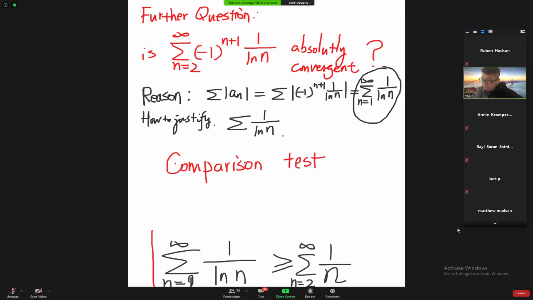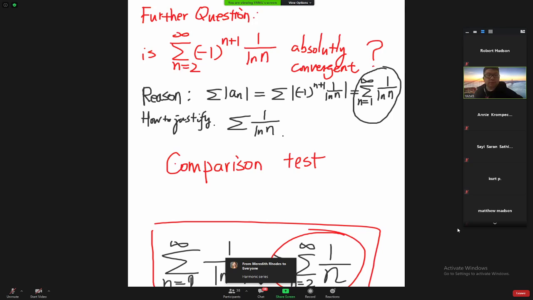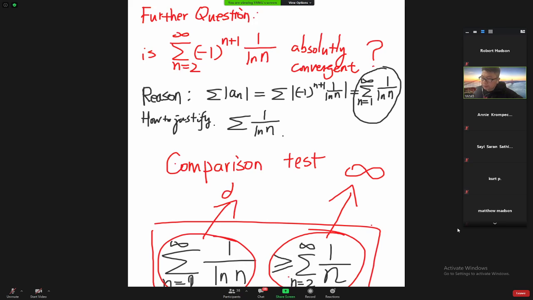Now tell me, what's this one in the circle? Harmonic series. So where does it go? Infinity. So this one is bigger than infinity, so where does it go? Infinity and diverges, right? Is that clear? Does this make sense?